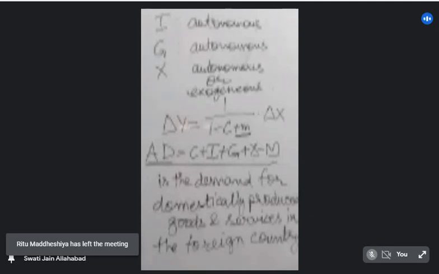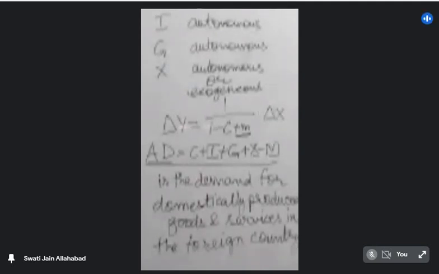Export is a leakage? No, export is never a leakage. Import is a leakage. Now try to understand this. C is the demand for goods and services in the domestic market by the nationals of the country. Similarly, export is the demand of foreigners or foreign countries for the domestically produced goods and services.